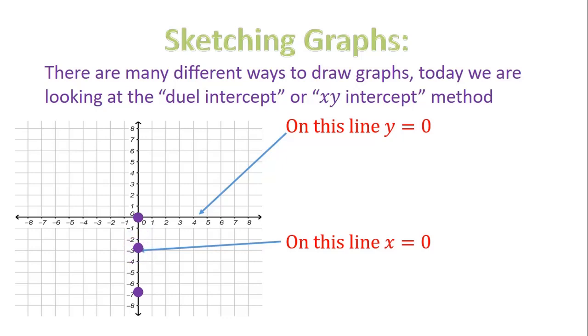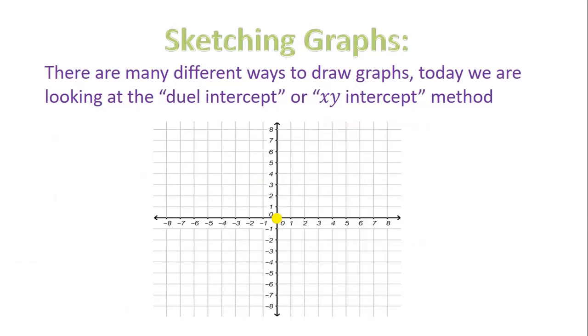Next point, x is 0, y is negative 2.8. Next point up at the top, x is 0 and y is 6.8. And that last purple dot, x is 0 and y is 4. And so you see, anywhere on that vertical axis, x equals 0.